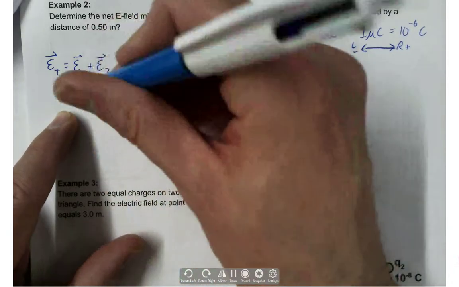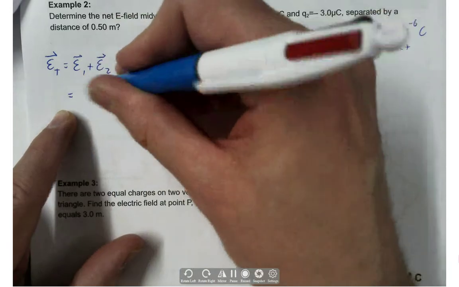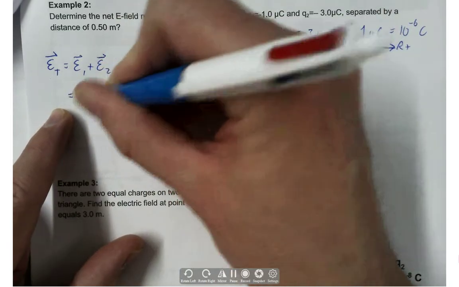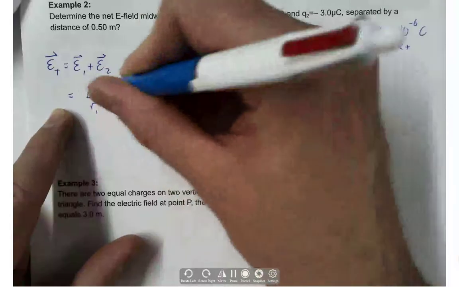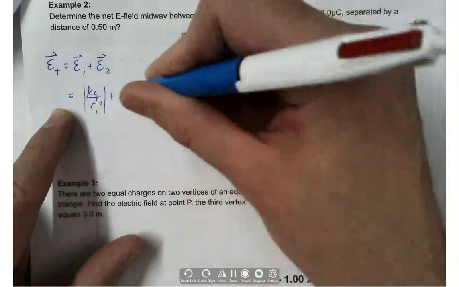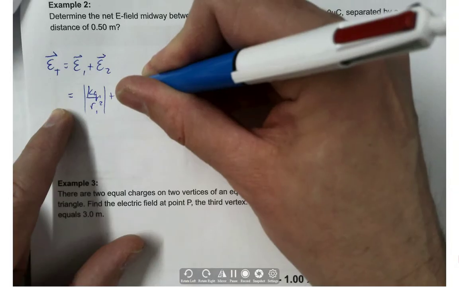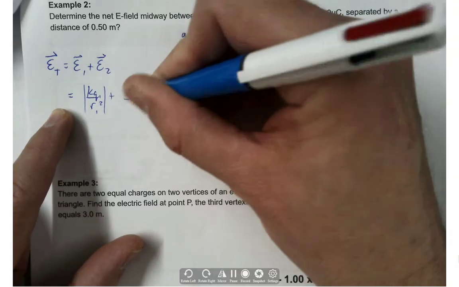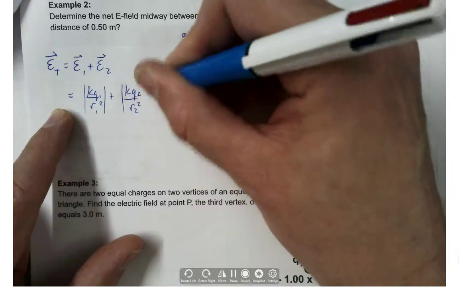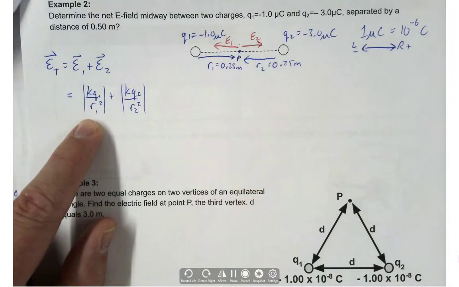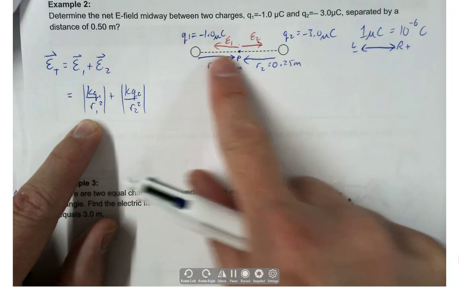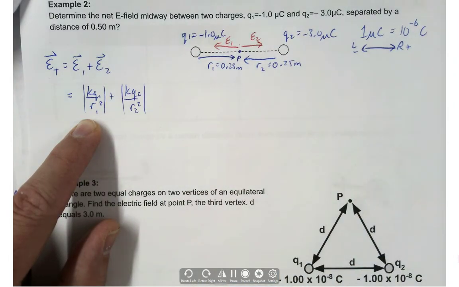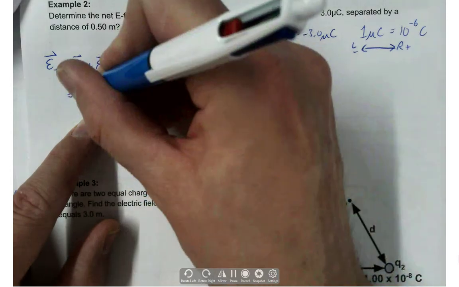So epsilon 1, and I'm going to leave myself space for positive and negative orientation signs, is kQ1 over R1 squared, absolute values, plus, and again leaving a little space to deal with the reference frame, kQ2 over R2 squared, absolute values. Epsilon 1 was to the left. To the left was negative on my reference frame. So even though all the charges are negative, I'm now dealing with my reference frame positive-negative convention.